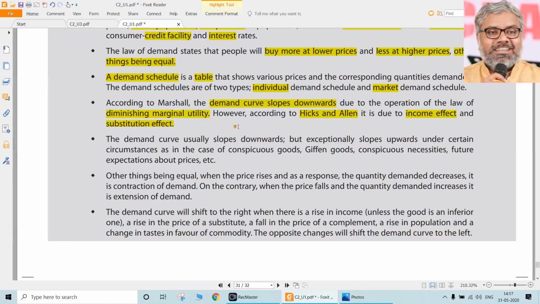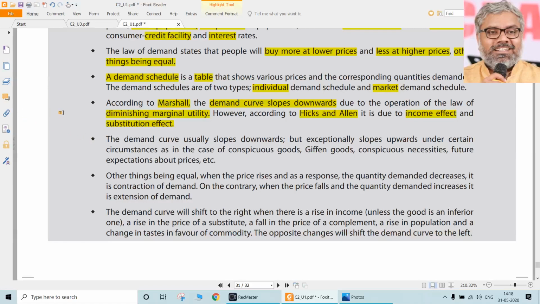Wherever the prices are increasing, the quantity demanded will decrease because of either of these two effects, or sometimes both of them working simultaneously, according to Hicks and Allen. So definitely Marshall and Hicks and Allen are agreeing on the result that the demand curve slopes downwards. The price of the commodity and quantity demanded are inversely related.